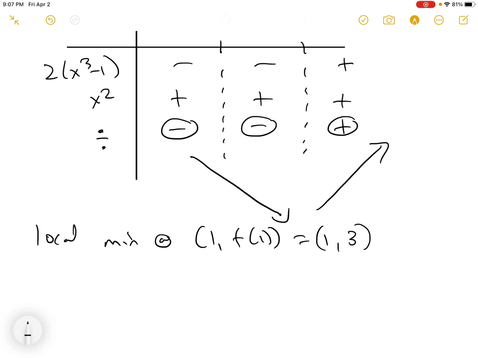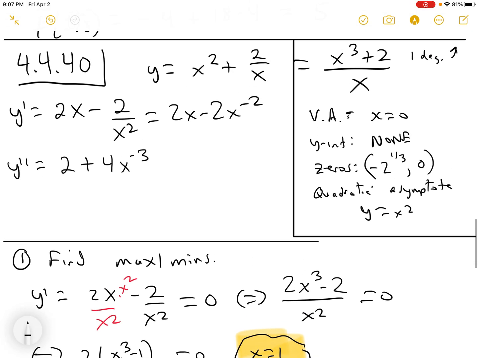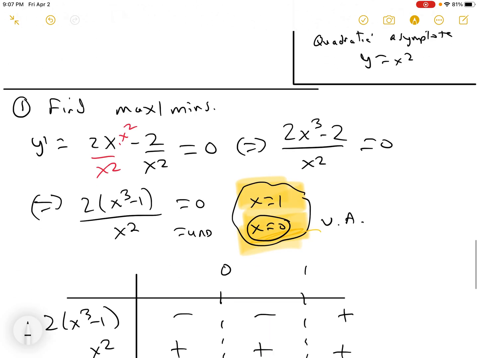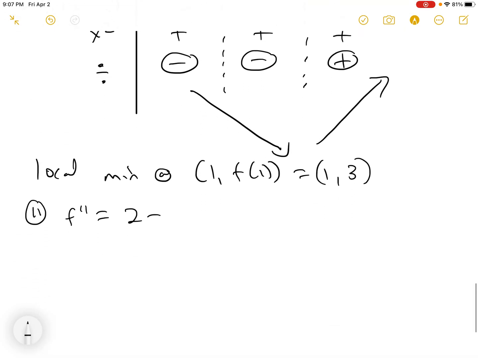Alright, second derivative. What did we get? 2 plus 4 over x cubed, which is 2x cubed plus 4 over x cubed.